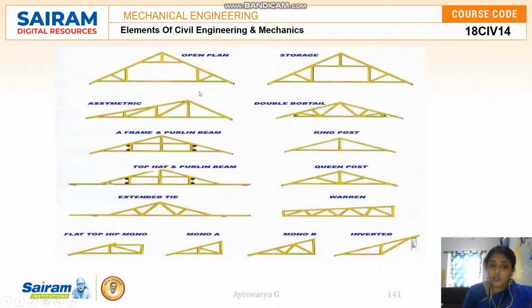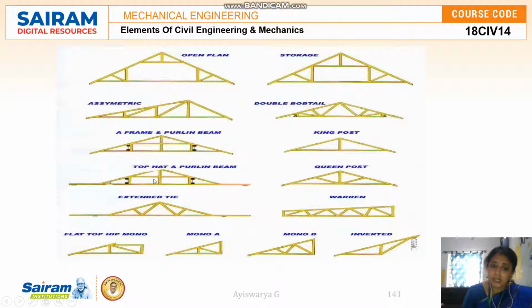So these are all the various types of trusses. The first one is an open plane, and the next one is a storage one. Open plane, storage, asymmetric, double bobtail, A frame, and purlin beam. Purlin beam means there will be a purlin. And a king post, which is used in most auditoriums.